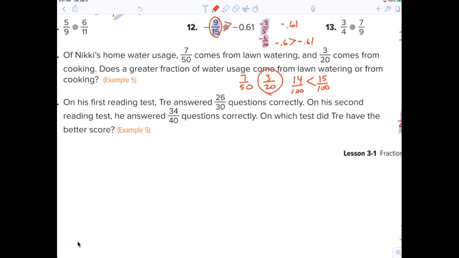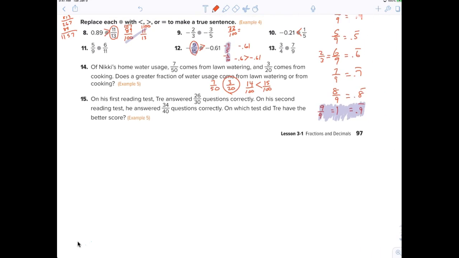All right. If you can convert it to hundreds, it's just as quick. So all we did was we changed 7/50ths into 14 over 100. You hear that? And then we did 3 over 20 is the same as 15 over 100.